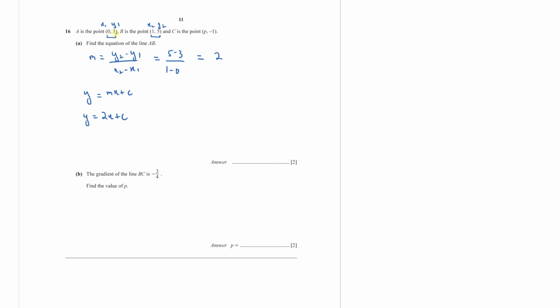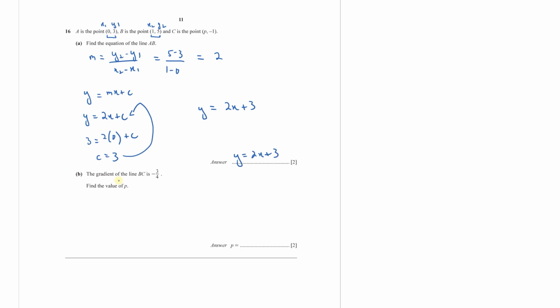So my x value is 0 and y value is 3. So I substitute y with 3 and x with 0, plus c. So 2 times 0 is 0. So c equals 3. So then I can substitute c here, and I get y equals 2x plus 3.